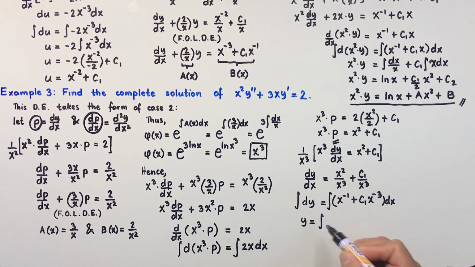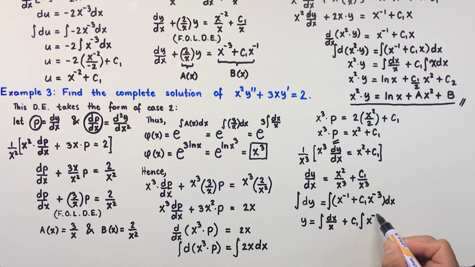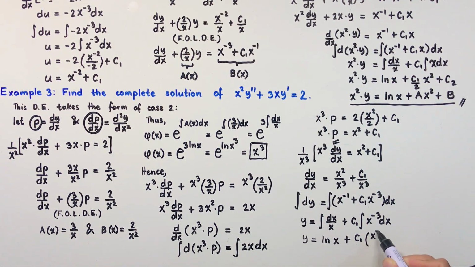So this is equal to the integral of dx over x for this term, and this is added to c sub 1 when you factor it out of the integral of x to the power negative 3 dx. So we have y equal to the natural log of x plus c sub 1 times x to the power negative 2 over negative 2 plus the constant of integration c sub 2. And so that we will not be confused by this c sub 1 over negative 2, we will replace that one by a and b.